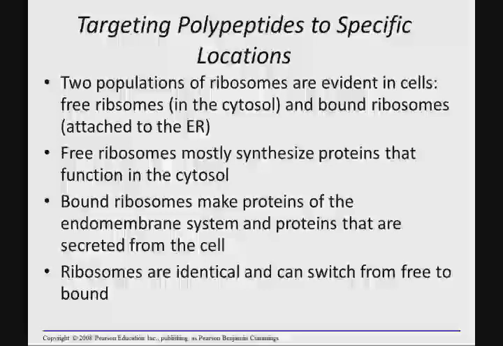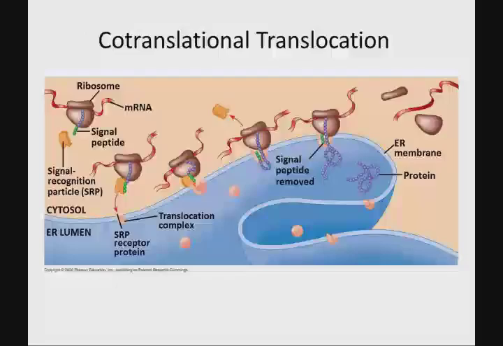Well, in fact, those ribosomes are all one big population. And the ribosomes that are actually on the ER are there because they're going through a process called cotranslational translocation. So co with translation, translocation, moving to a different spot. So all ribosomes are going to engage the mRNA free in the cytoplasm.